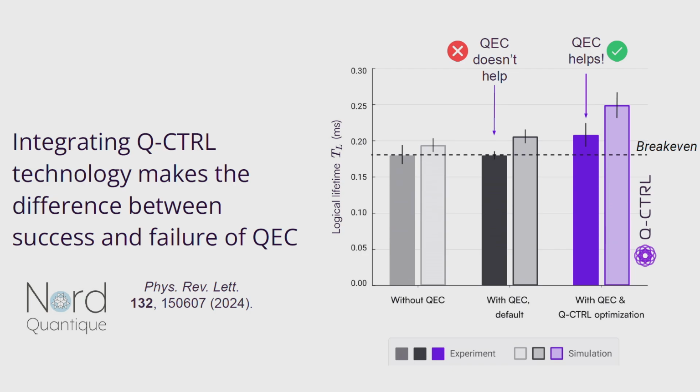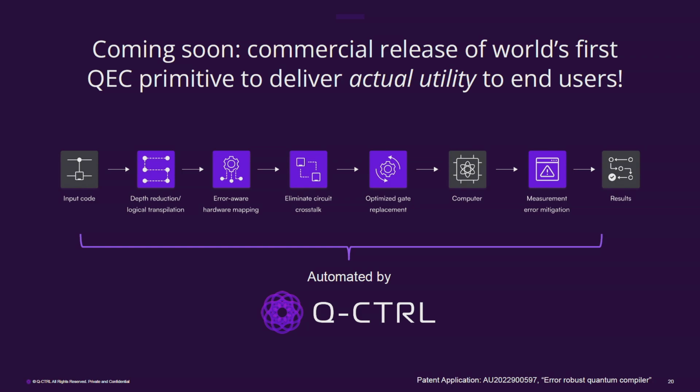Break-even point is basically because, as I told you, you have to introduce more operations to correct, and because those operations are not perfect, you may actually be introducing more errors than you are correcting, right? So the break-even point is that it is worth doing error correction rather than doing nothing. And they were able to surpass that break-even point, which is an interesting thing.